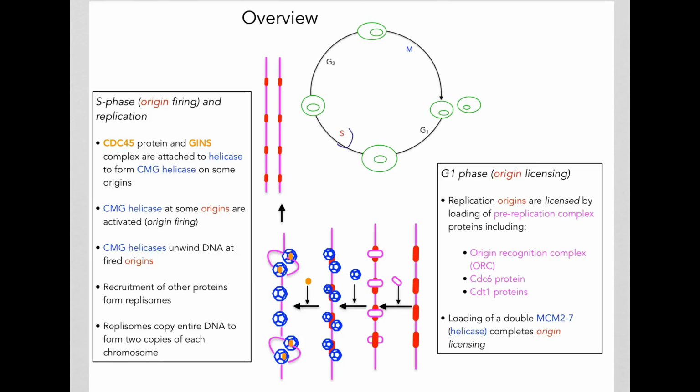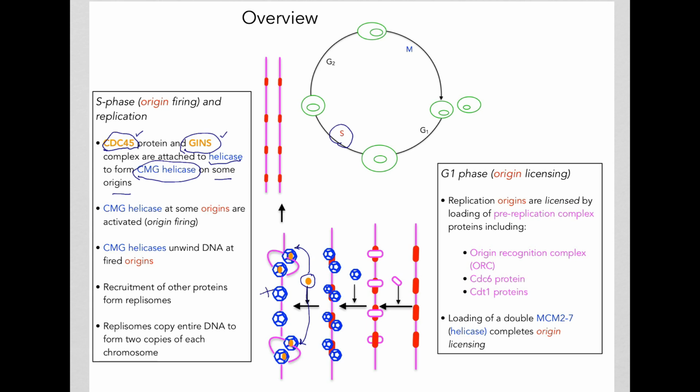Now, during the S phase, other proteins such as CDC45 and the GINS complex will be attached to helicase to form CMG helicase. We see these proteins here in orange, CDC45 and GINS, attaching to helicases on some origins. Only on some origins, this one here, for example, are these proteins attached to helicase.